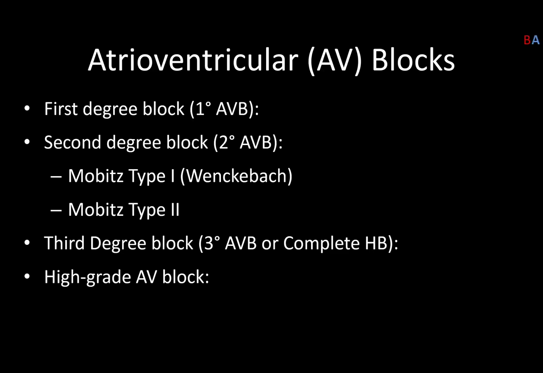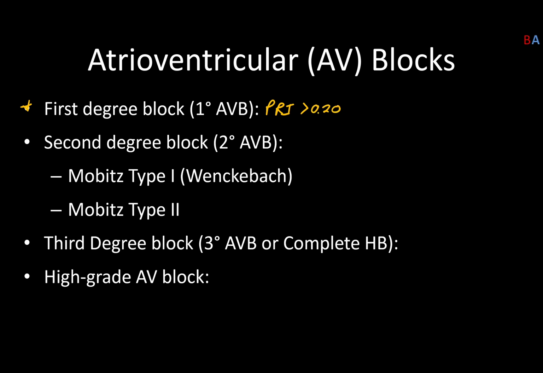This list is combined. It includes both the basic arrhythmia and the advanced arrhythmia group. So we'll start first with the basic arrhythmia list of what all's in here. AV blocks include first degree block, which you've got here, and that essentially, quite simply, is defined by having a PRI that is greater than 0.20.